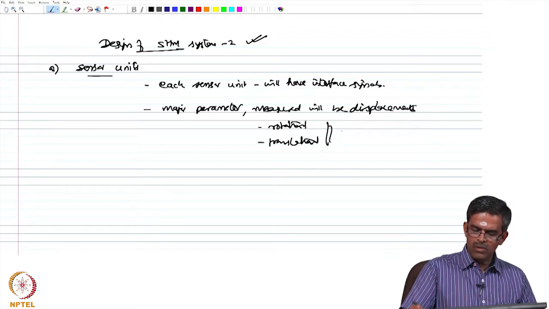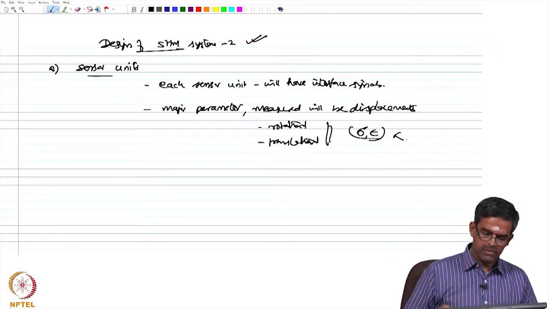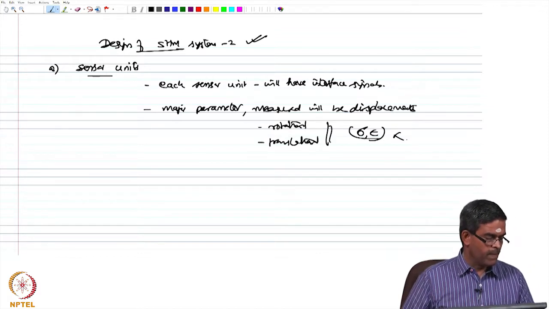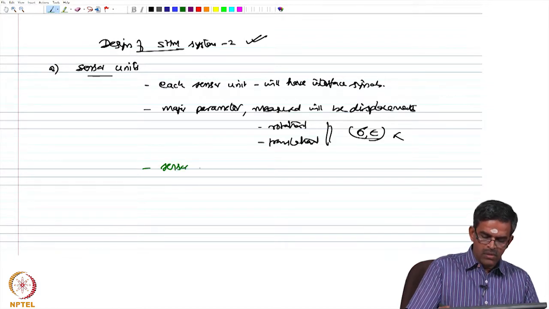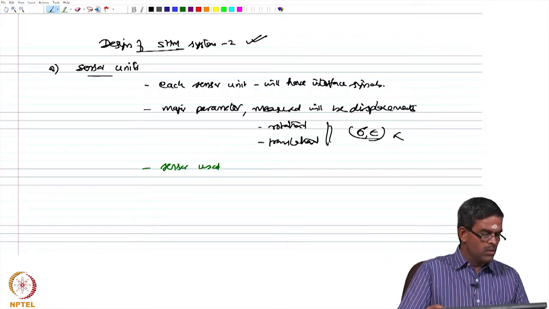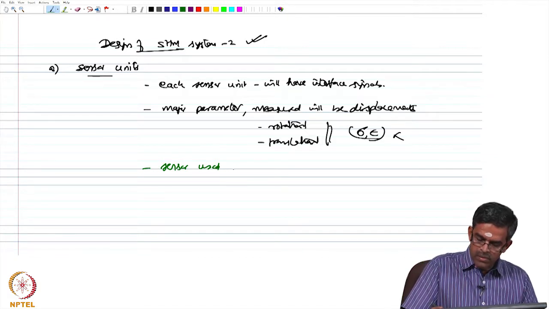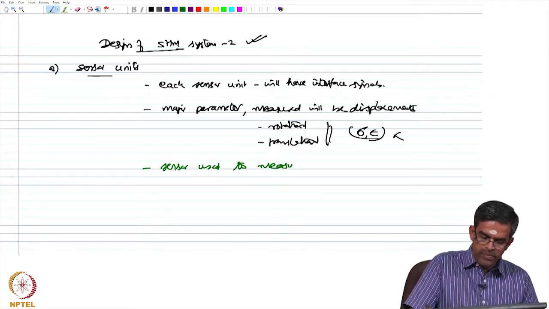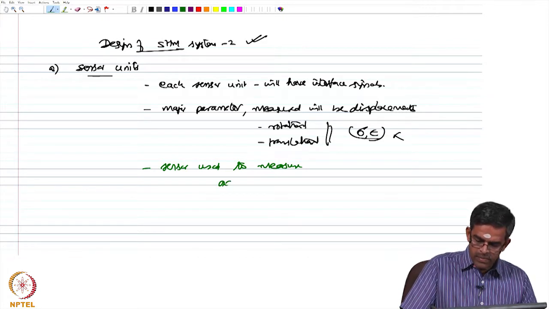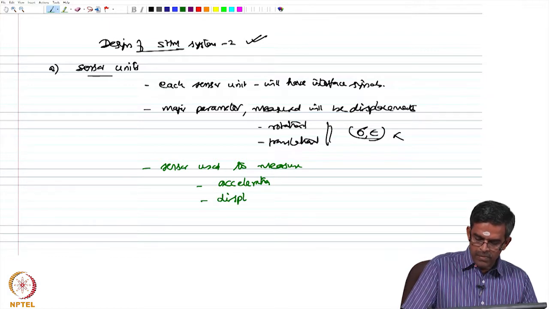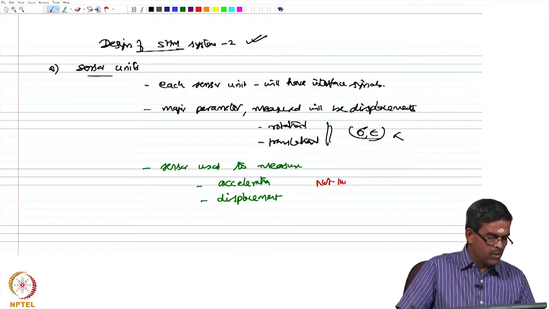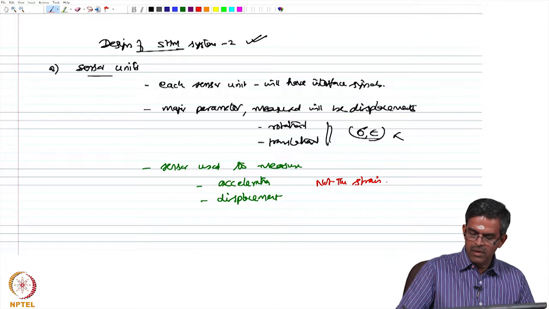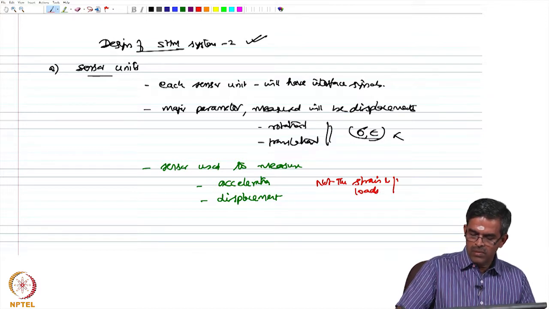We are not talking about the stress and strain measurements here. Okay? Therefore, the sensor used or recommended in SHM system 2 will be to measure acceleration and displacement, definitely not the strain and the loads. Okay.